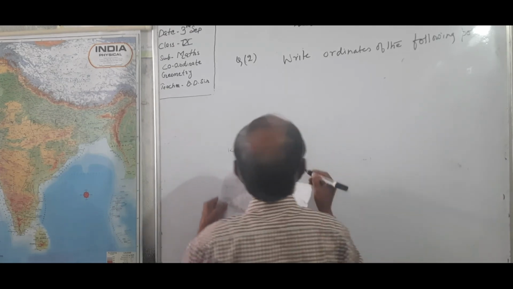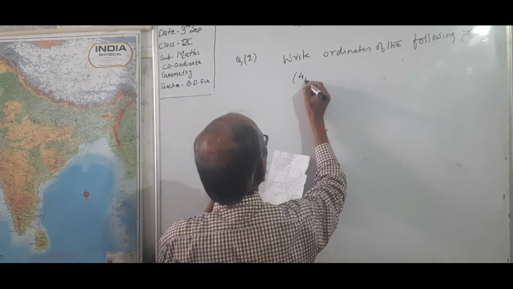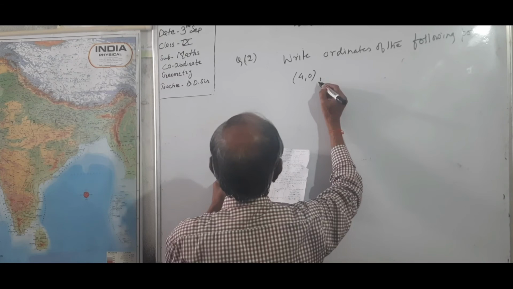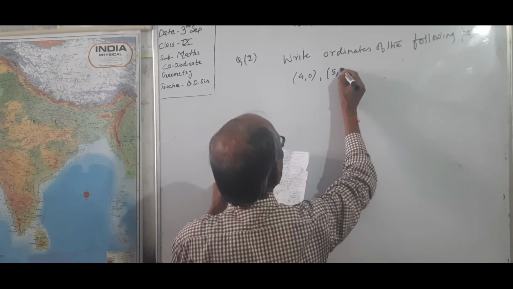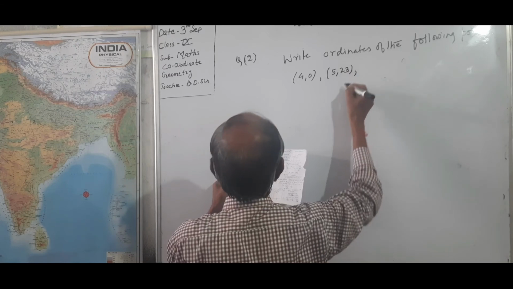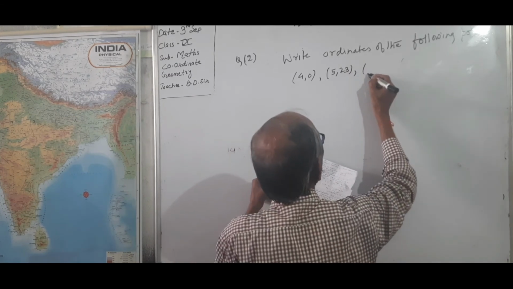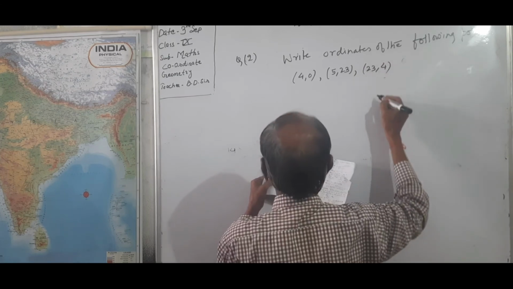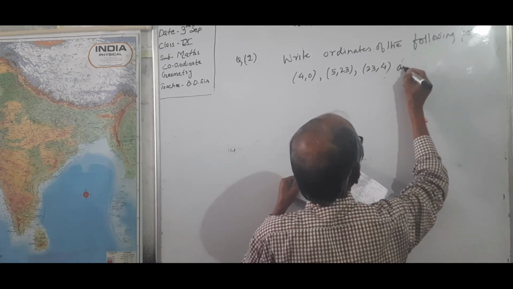The points are (4, 0), (5, 2), (2, 3), (3, 4) and (0, 24).